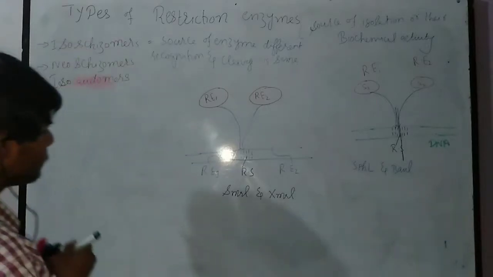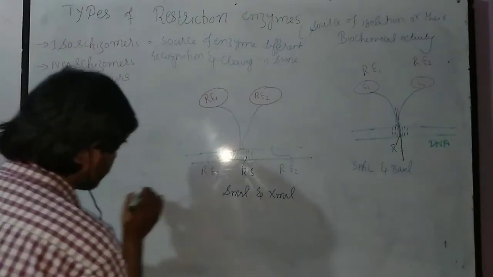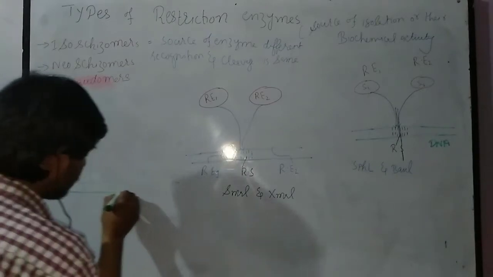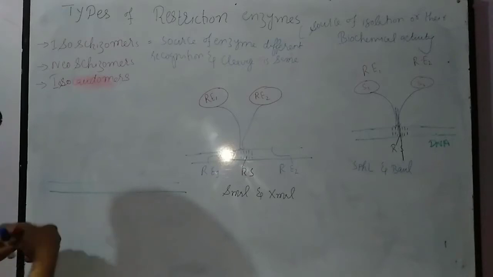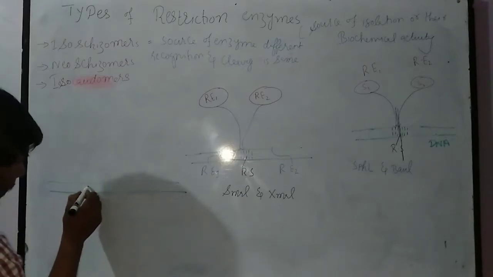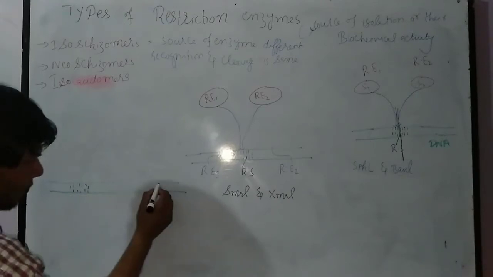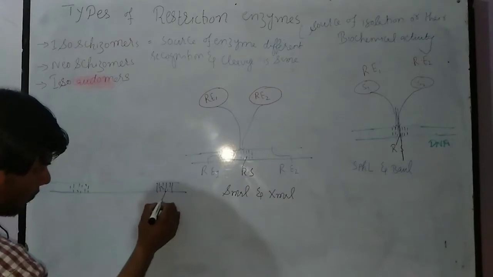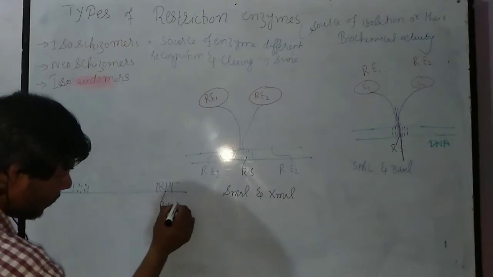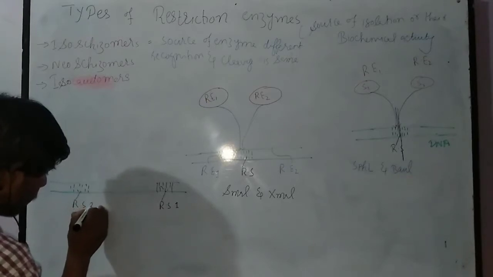Suppose again in this case we have a DNA molecule. Let's say these are the recognition sequences, as you can see. This is recognition sequence 1 and this is recognition sequence 2.